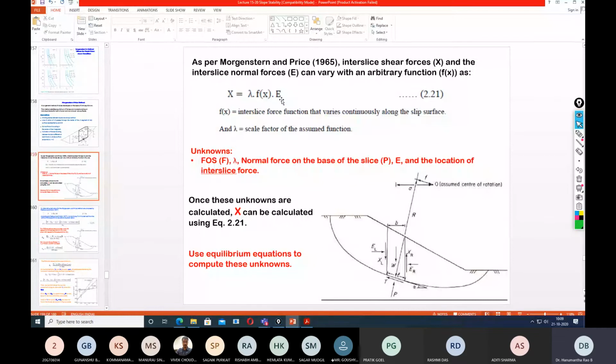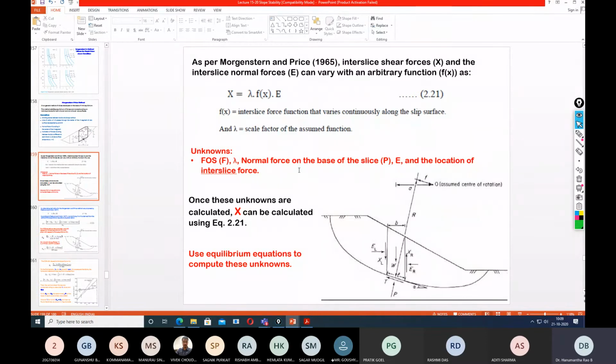So this is one form of the equation that they assumed, and using this one they try to determine the interslice forces. Now if you look at this one here, almost all the parameters are unknown. We do not know X, we do not know lambda, we do not know f of x, we do not know E. So here the unknowns are the factor of safety, which is the fundamental thing to be determined, lambda, that is the scale factor, the normal force on the base of the slice, that is either P or N, both are the same, E, that is the interslice normal force, and the location of the interslice force.